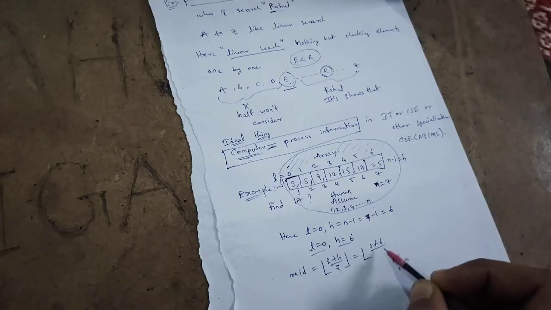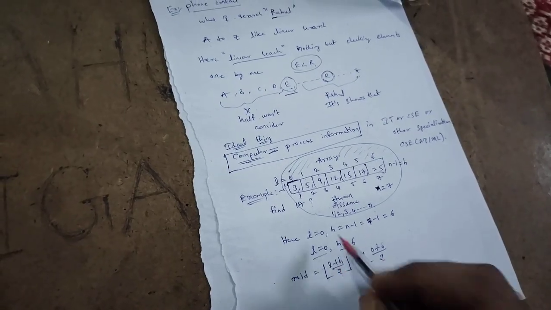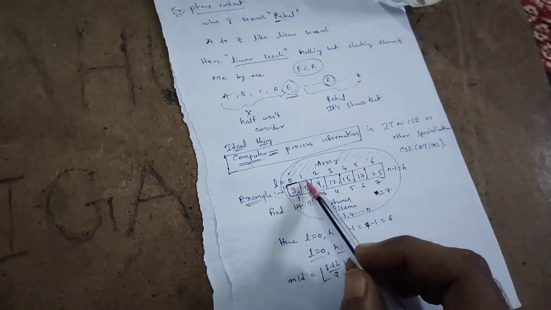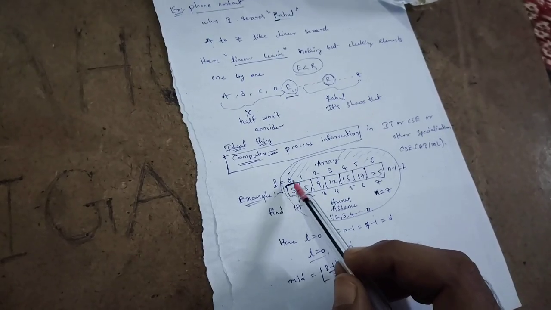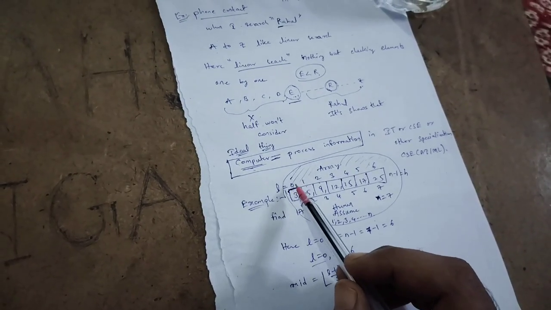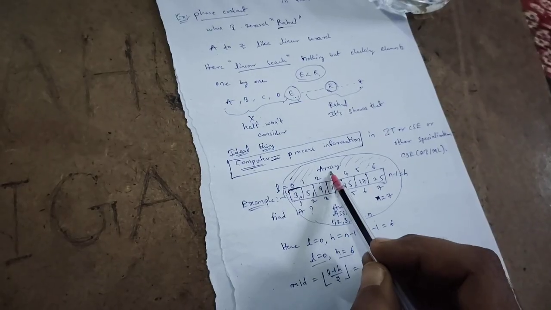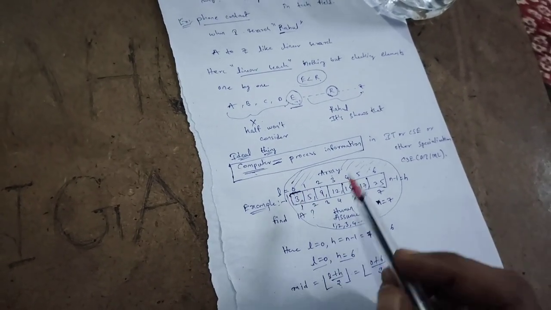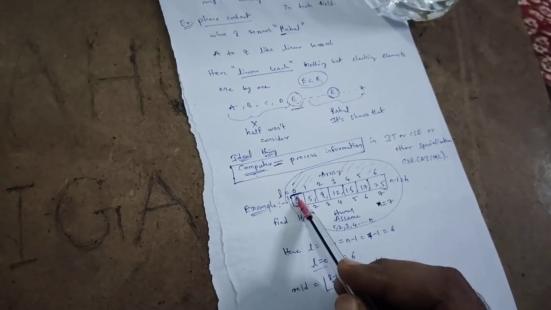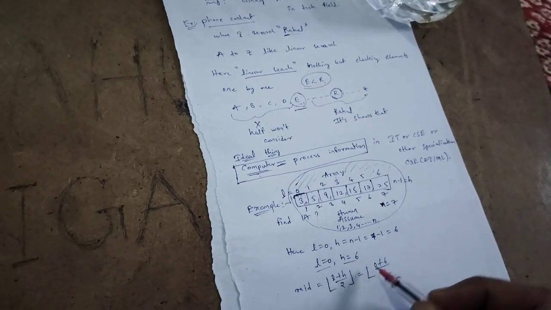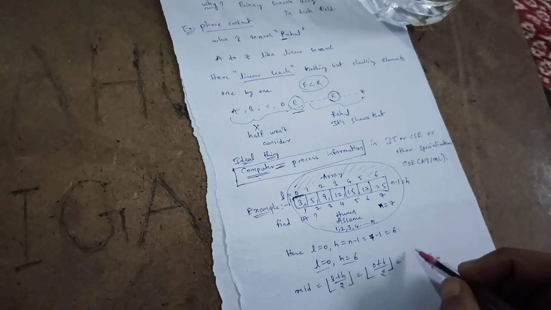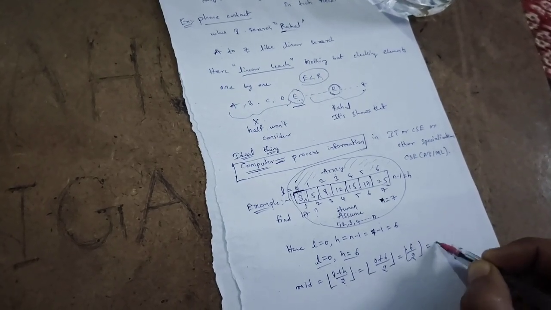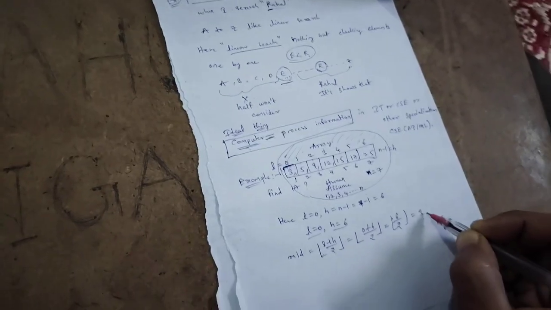Let's find out: L plus H by 2 equals 0 plus 6 by 2, because the lowest element is 3, but the array position is assumed from 0, an index value. So it equals 6 by 2, floor. We get 3.